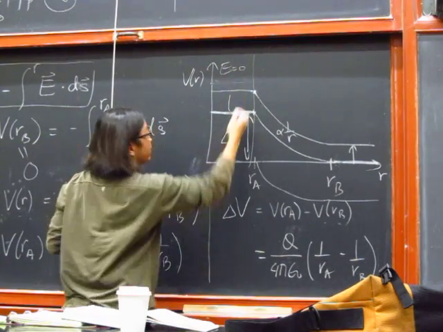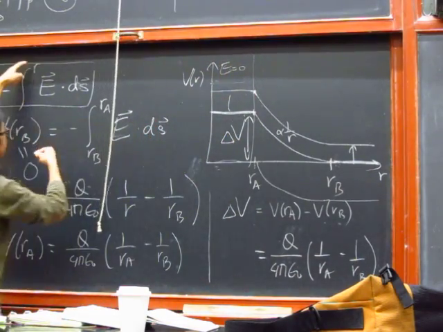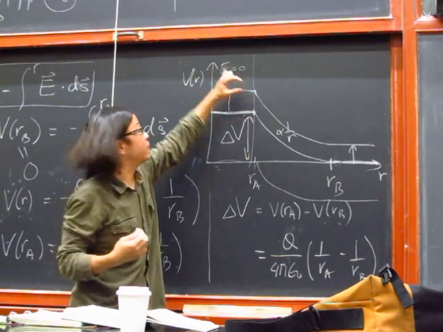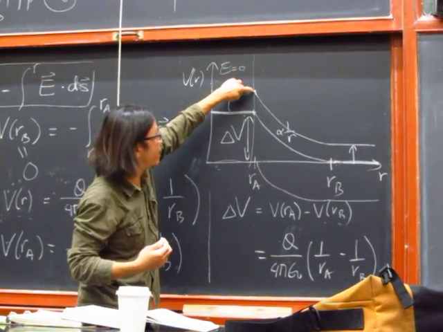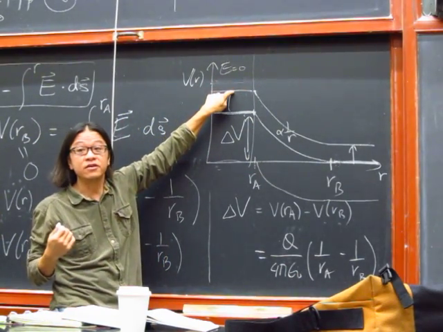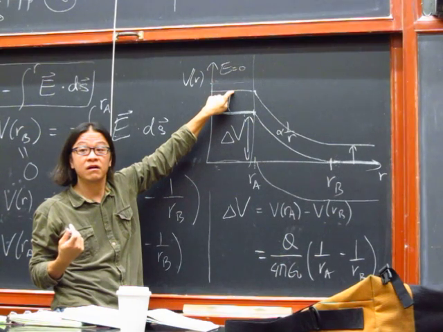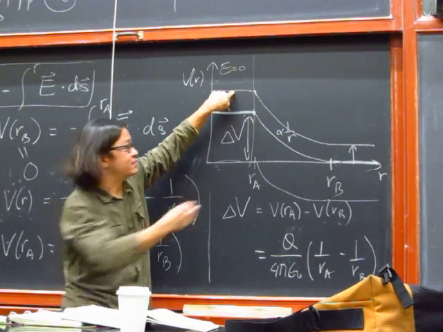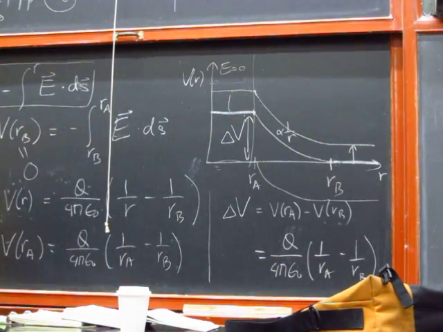If I continue the line integral from RA to inside RA, that segment is identically zero because there is no electric field. So the potential is constant. I take this integral from infinity, somewhere in infinity, and over here everything is zero. The line integral is zero.